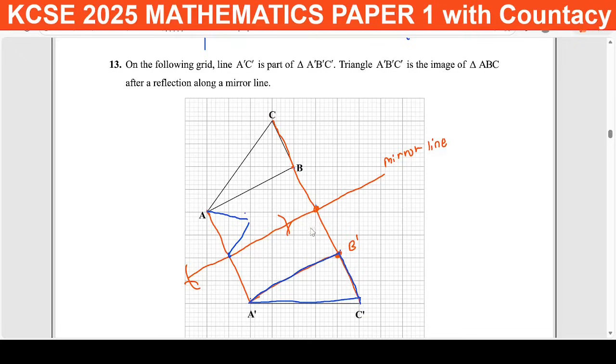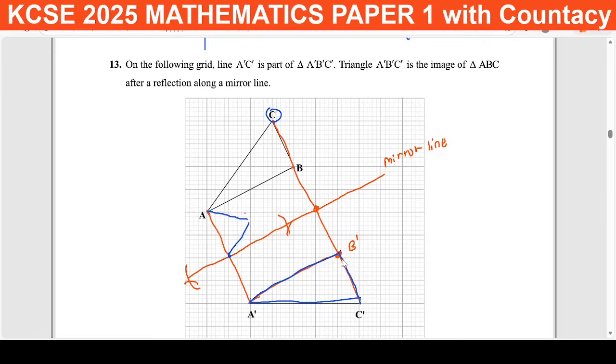And here is another way to double confirm that it is really right. Once you come here where we have the object, you will notice that from point C to B the units are 1, 2, once you count vertically.